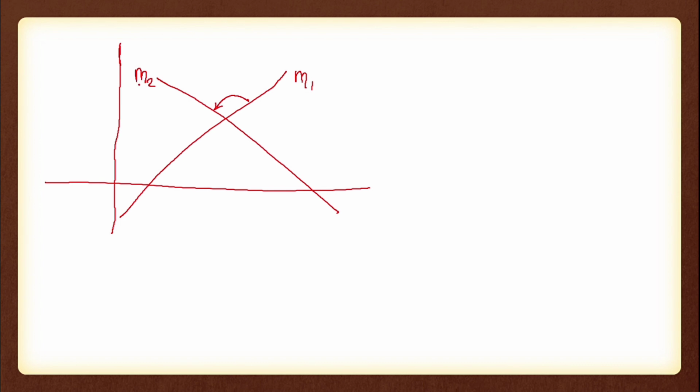If we need to get the angle for this part, we could also get the angle of this part, and this is what we call the vertical angle. The vertical angles are equal.